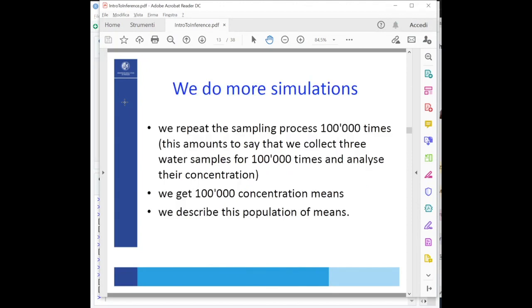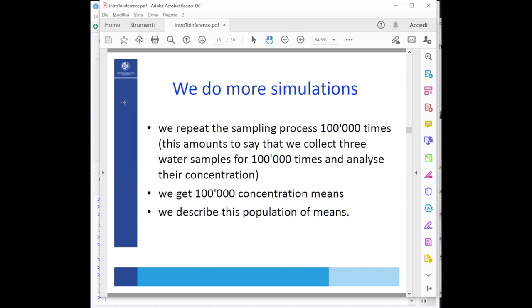Let's look at the slide. We repeat the sampling process 100,000 times. We should do this an infinite number of times, but we cannot, because infinite is infinite. So we do a very high number of times. We could do this 1,000,000 times; it wouldn't take much more than a few seconds on our computer.